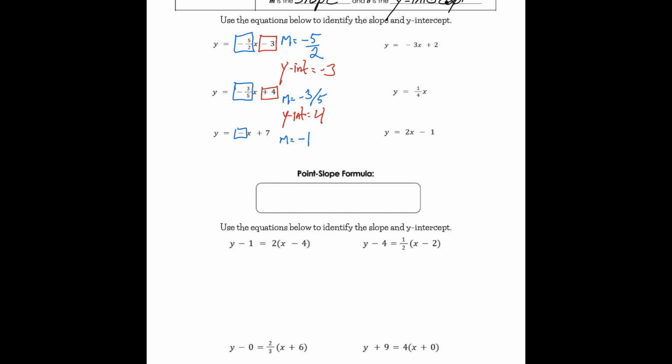If it said y equals x plus 7, where that x is a positive, then our slope would be a +1. Our y-intercept is still this number at the end. So our y-intercept equals 7.